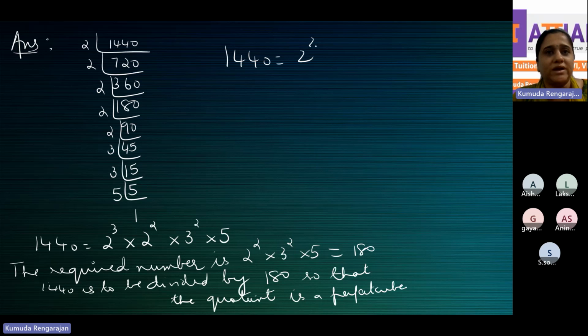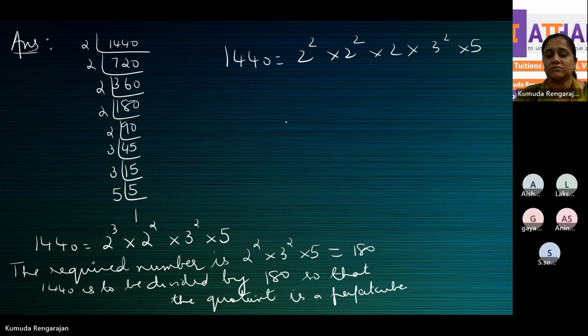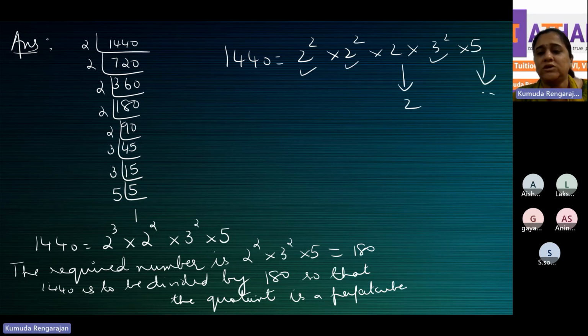So then it will be 2 square into 2 square into 2 into 3 square into 5, correct? So this occurs in pairs. So you need to introduce 1, 2 and 1, 5. So multiply the number by 10 to make it a perfect square.